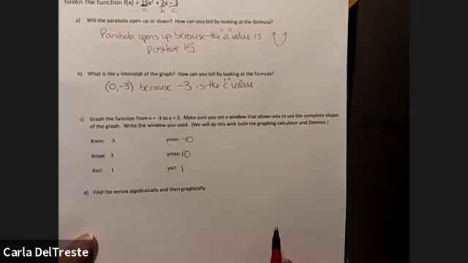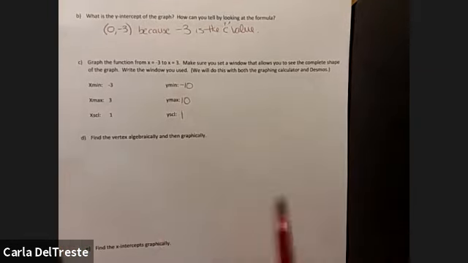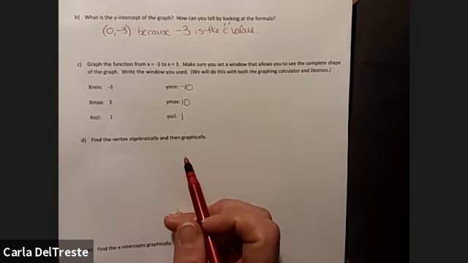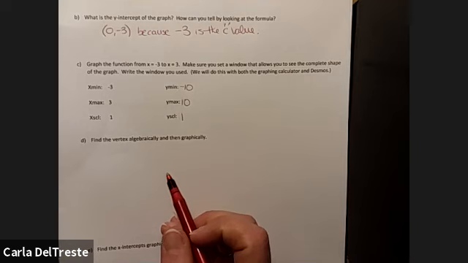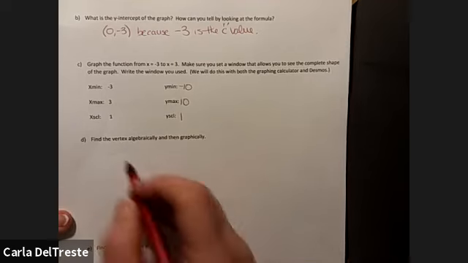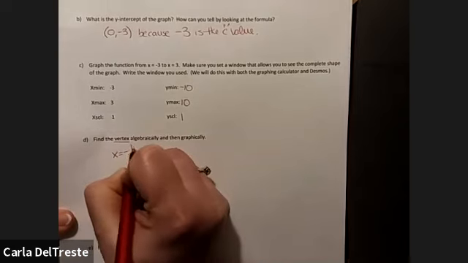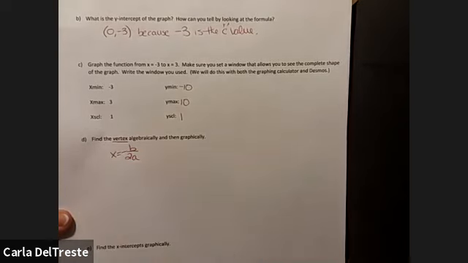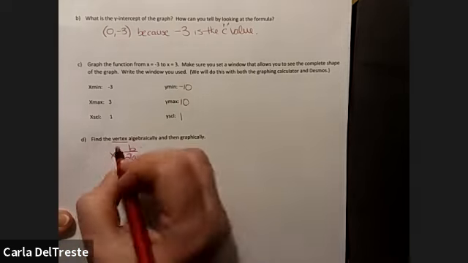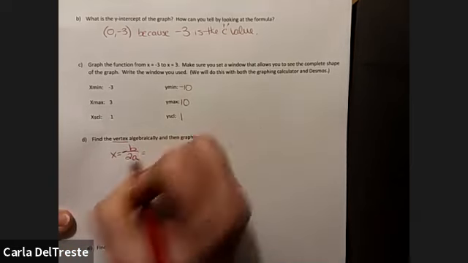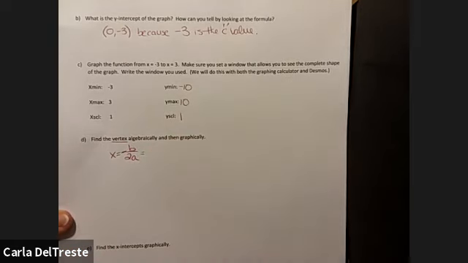Okay. Next question. Find the vertex algebraically and then graphically. So the algebraically part is to review the last video. To find the vertex algebraically, first I need to find the axis of symmetry. So the formula is x equals -b/2a. And I'm going to have to plug in the values of b and a.